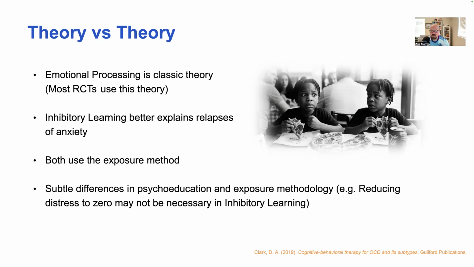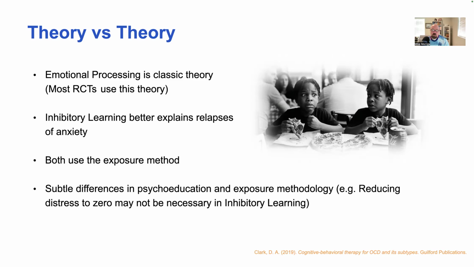Both use the exposure method, and to be honest, I think when the mainstream clinician is engaging in exposure and response prevention, they're probably engaging in a little bit more emotional processing theory, but I don't know that it'll look wildly different if they were using inhibitory learning, other than the methodology being a bit shifted and really subtle differences in the psychoeducation.